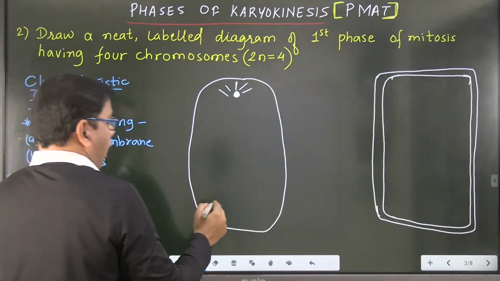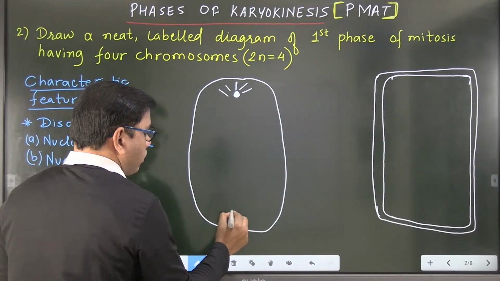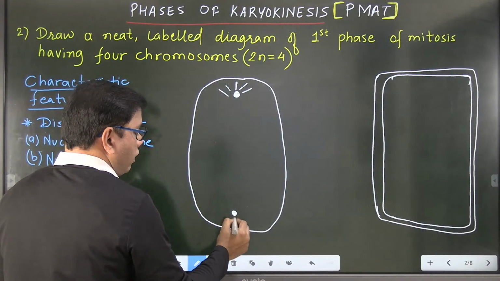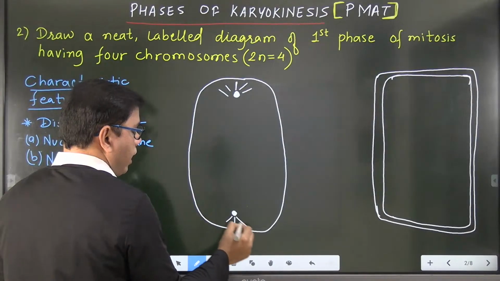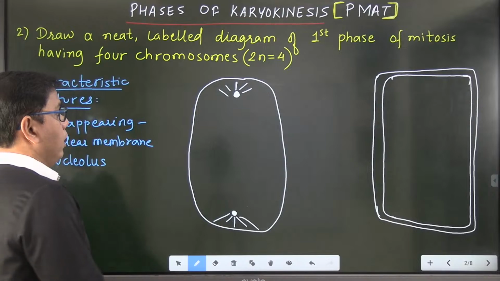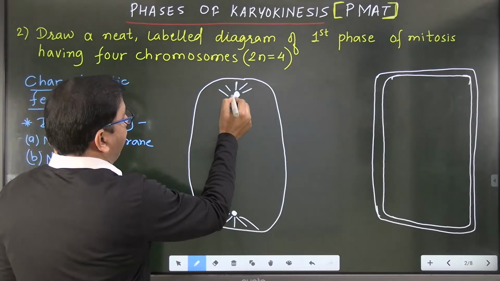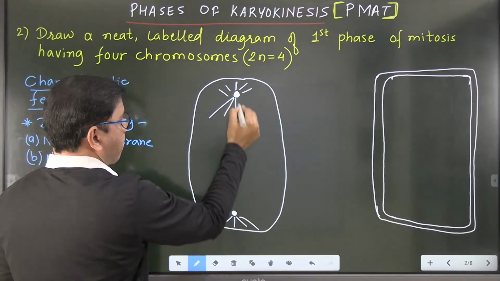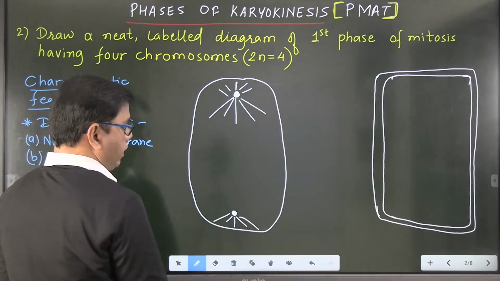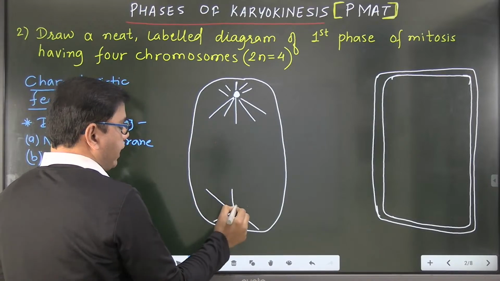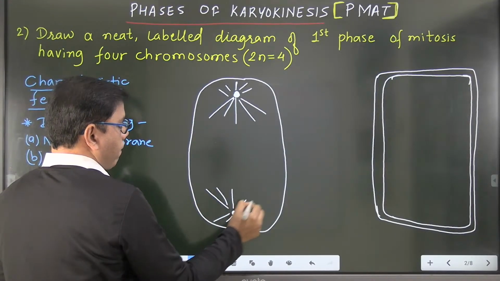And here also centriole and asters: left, right, center, left, right. Then spindle fibers. I'll draw spindle fibers like this. First draw the center one, then go left and right.